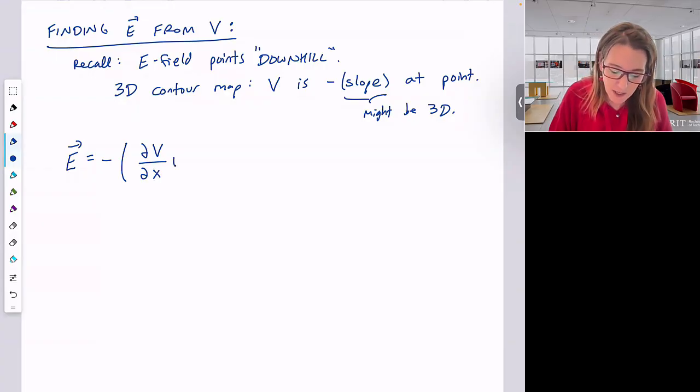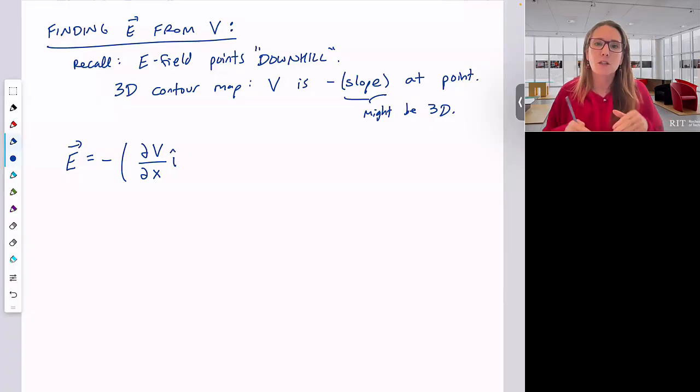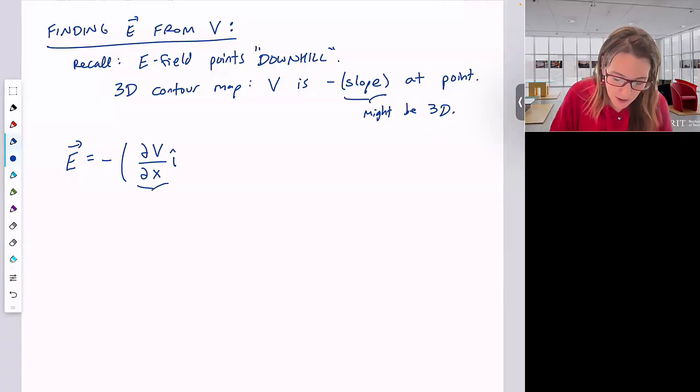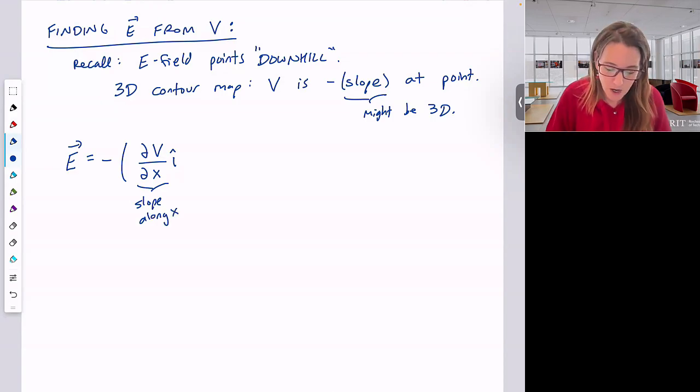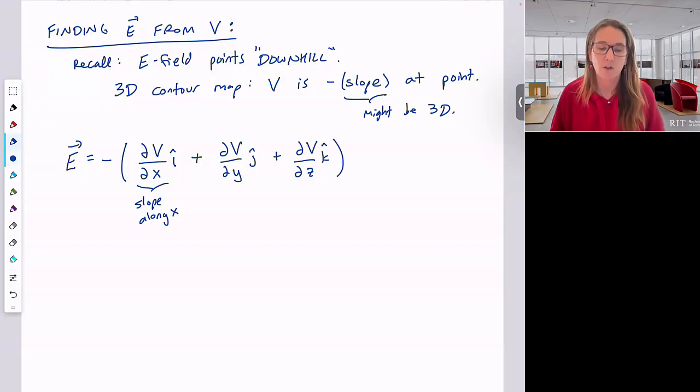Because I need to end up with a vector, this is my slope along the x direction, and that's going to give me the x component of my field. Plus the slope along the y direction, which gives me the y component of my field, plus the slope along the z direction, which gives me the z component of my field.